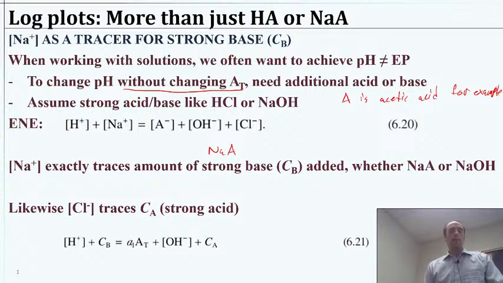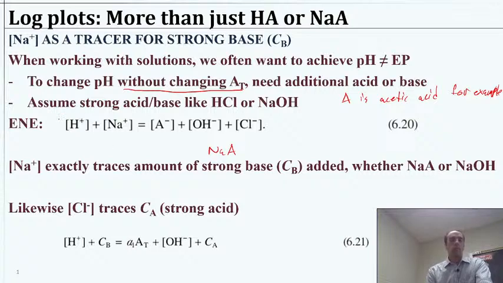So we can take our electroneutrality equation and rearrange it. If we take that to be the case and substitute, instead of Na plus, we're going to put in the concentration of our strong base here. Likewise, we can take the concentration of our strong acid as Ca and sub that in for the Cl minus spot.